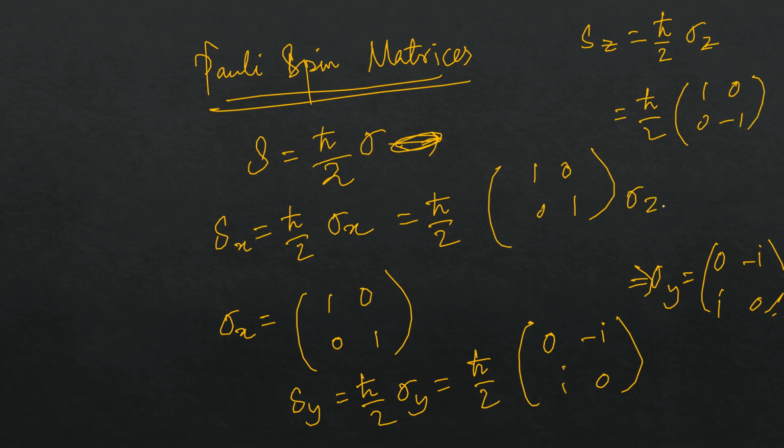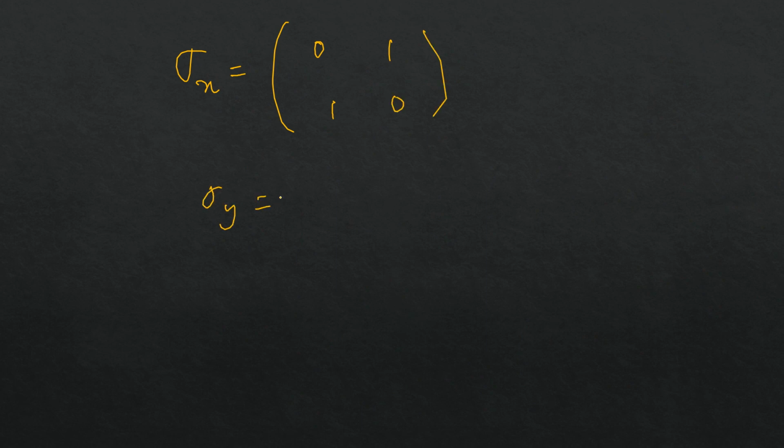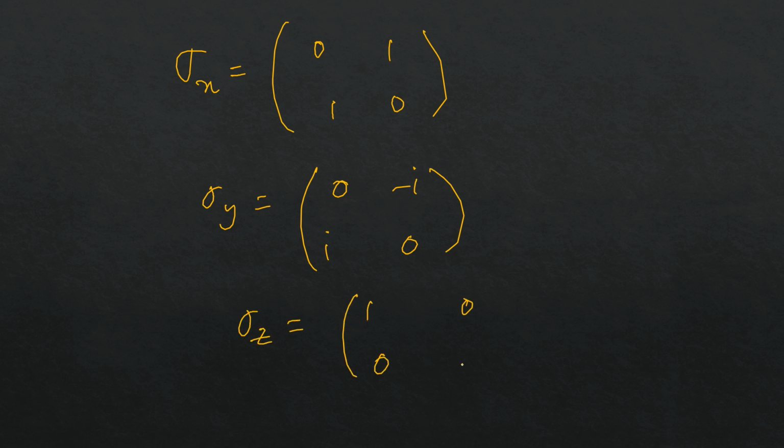If I write all this together, sigma x is 0 1 1 0, sigma y is 0 minus i i 0, and sigma z is 1 0 0 minus 1.